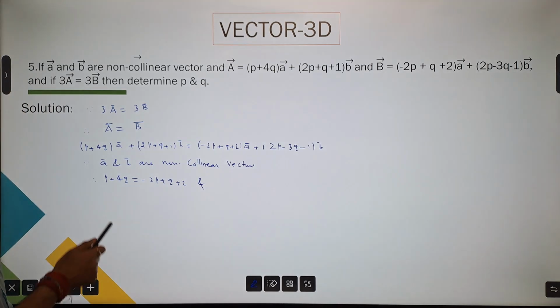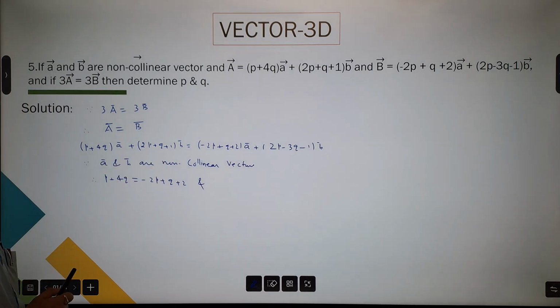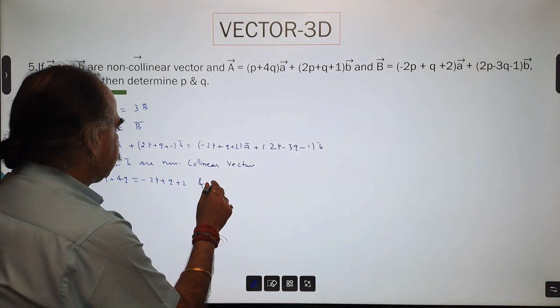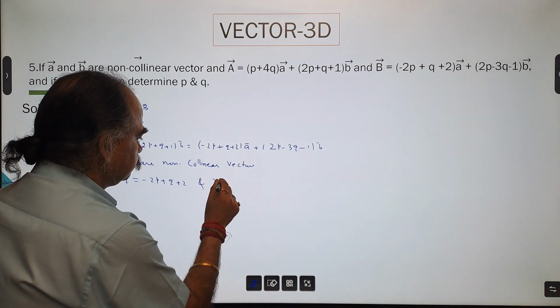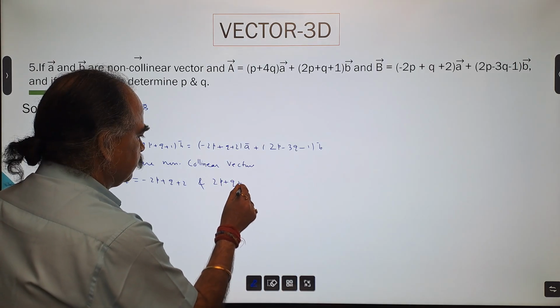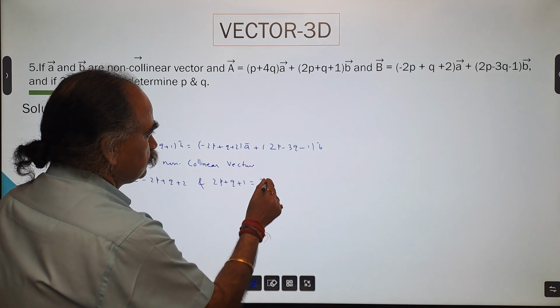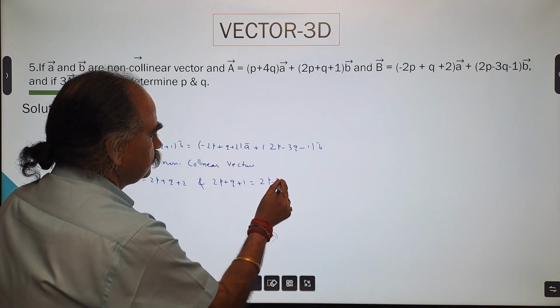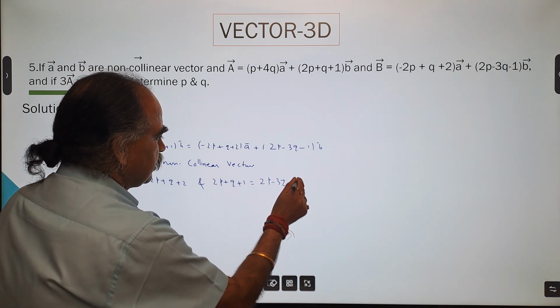That is, the components of a bar will be equal and the components of b bar also equal. 2P plus Q plus 1 is equal to 2P minus 3Q minus 1.